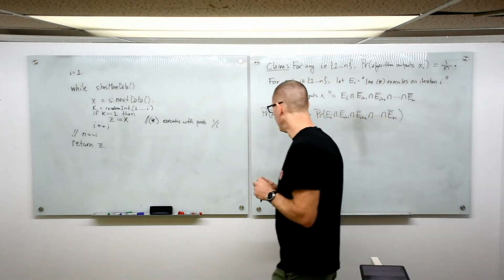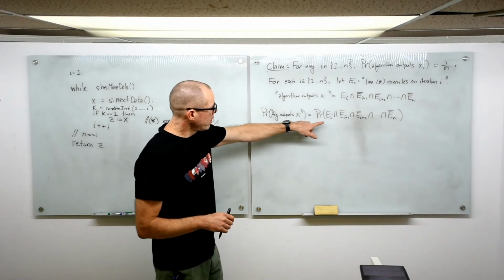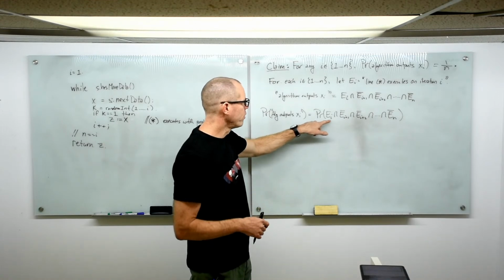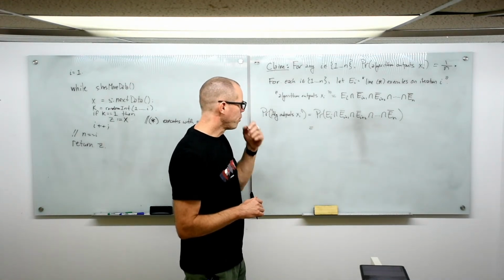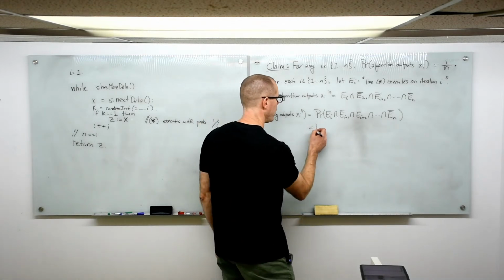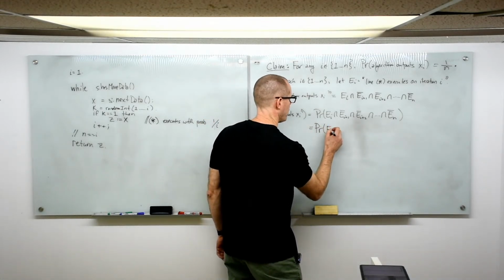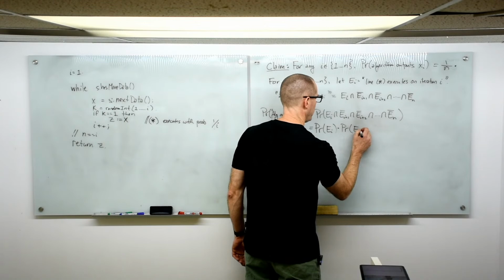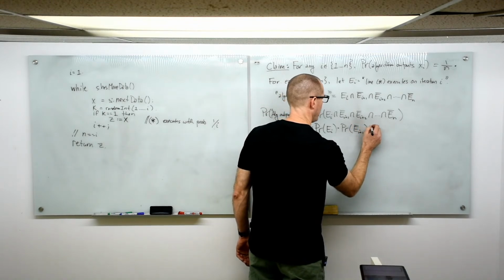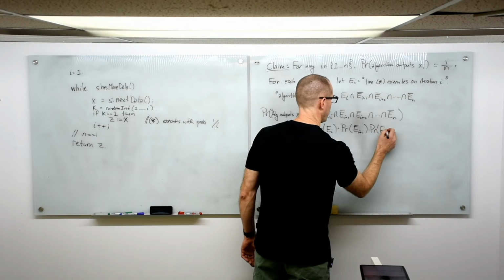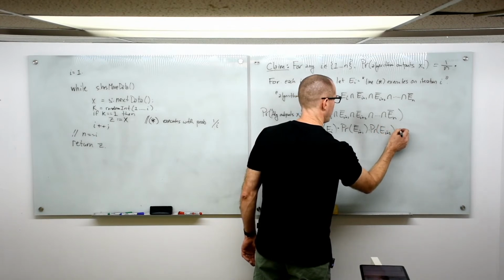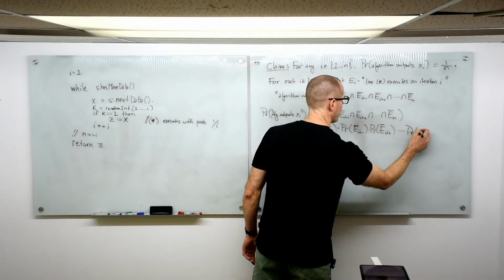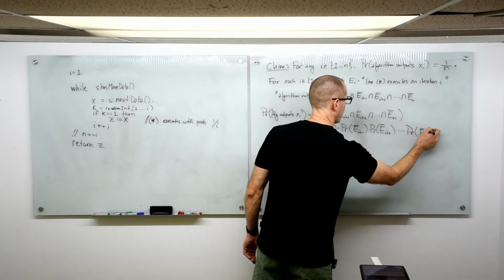So this conjunction is just the product of the individual probabilities: the probability of Ei times the probability of not Ei plus 1 times the probability of not Ei plus 2, and so on, up to the probability of not En.